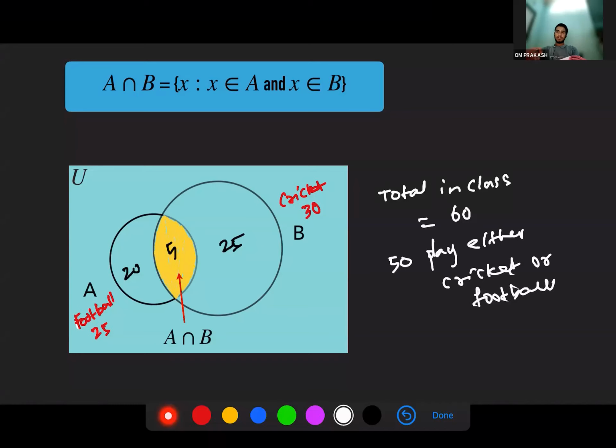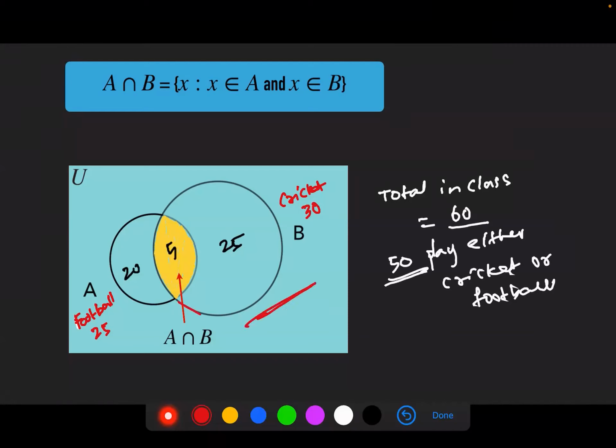There are 60 students in a class. If 50 are playing either cricket or football, 10 students are not playing any. So the region outside will represent students who are not playing either of the sports. So you can place the number 10 there.